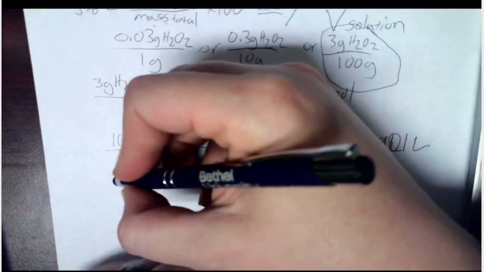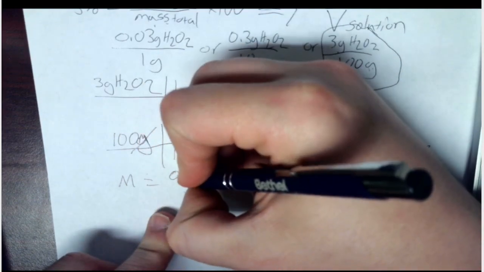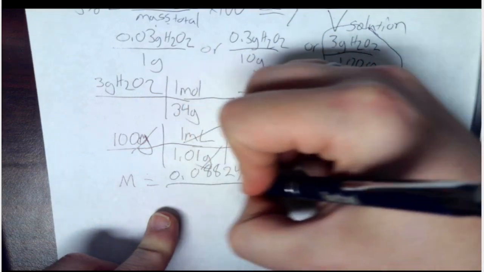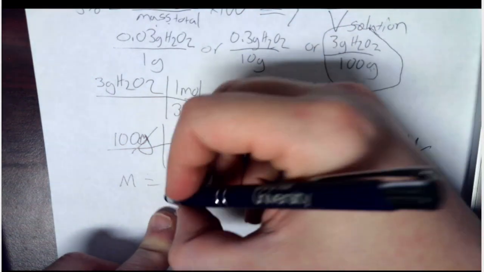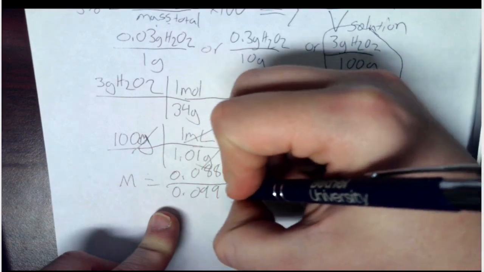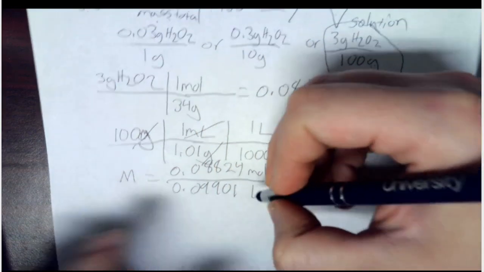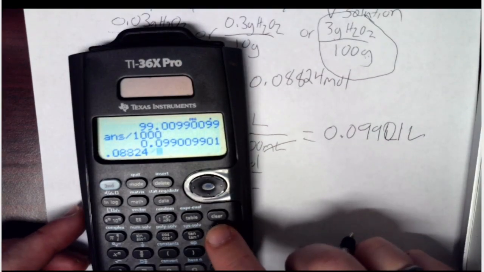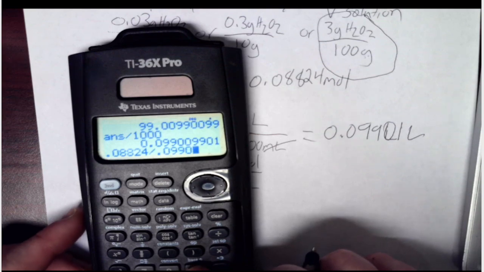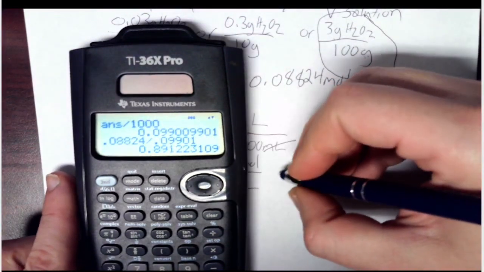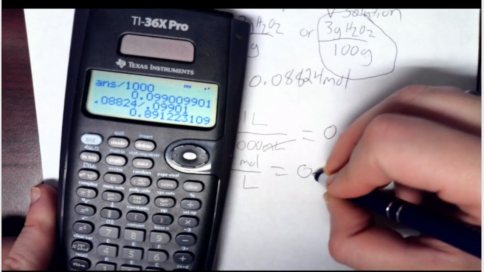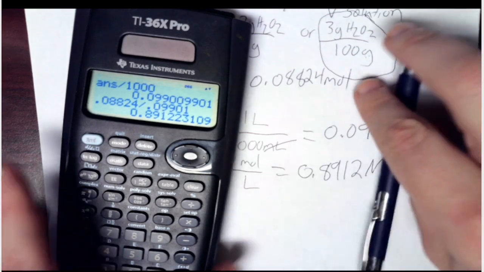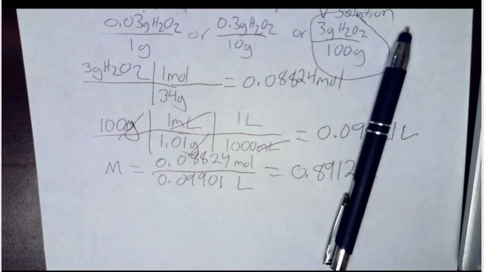Now, for the final part, the answer, molarity is going to be equal to my moles, 0.8824 moles divided by my liters, which is 0.09901. 0.08824 divided by 0.09901 gives a molarity of something like 0.89, say 12 molar. There is my answer.